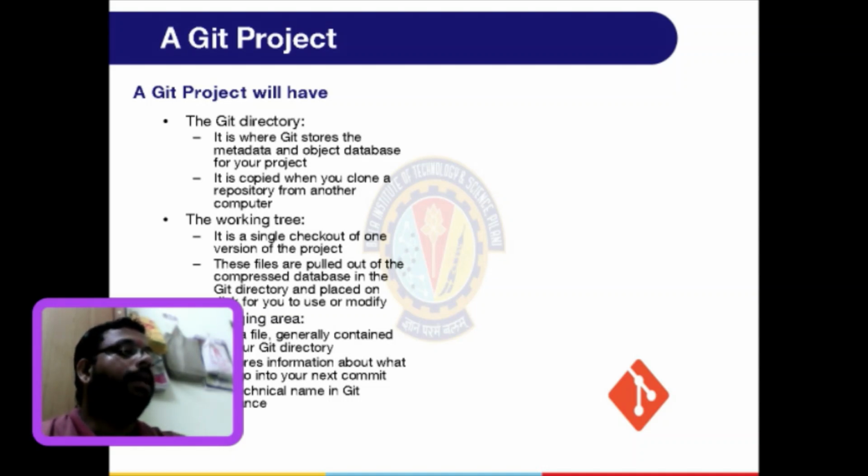You do a commit, which takes the files as they are in the staging area and stores that snapshot permanently to your Git directory.